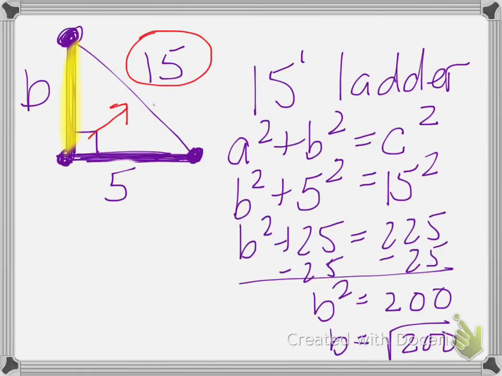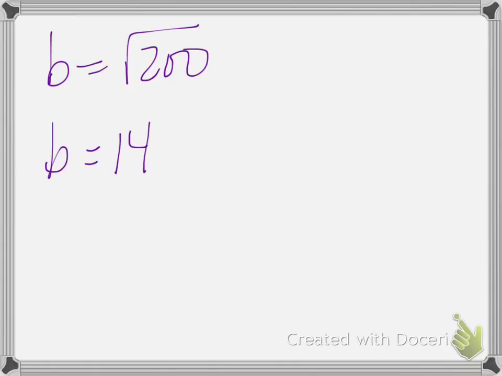Okay, here's the solution, and I got that b equals radical 200. There are different ways you could be asked for an answer. You could just give b equals radical 200, or you may be asked to round that to the nearest tenth. If you put radical 200 into your calculator, you should get this.